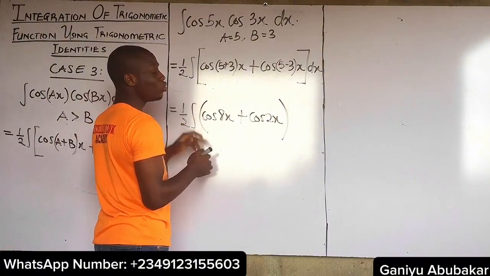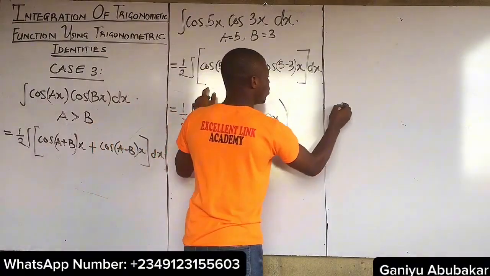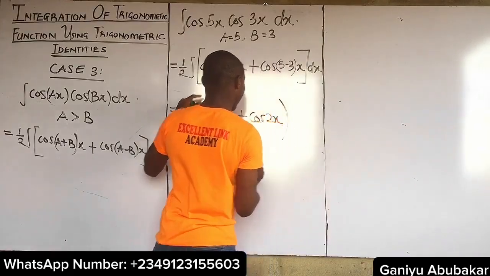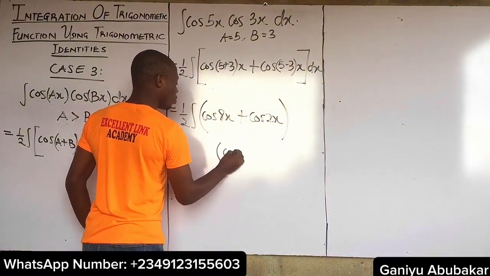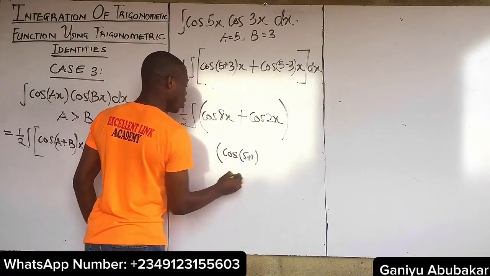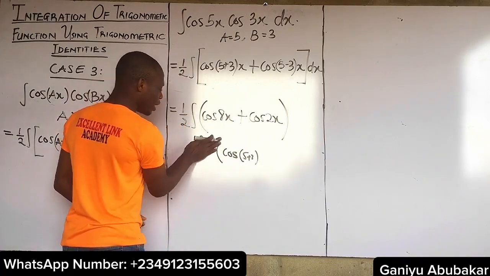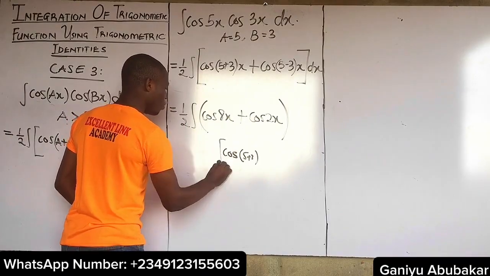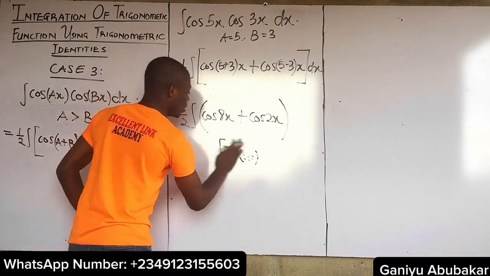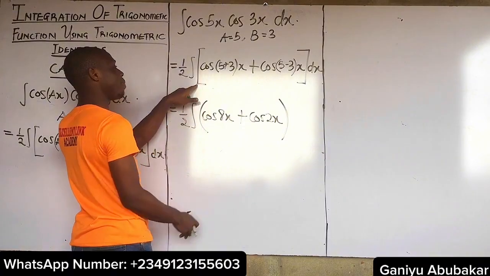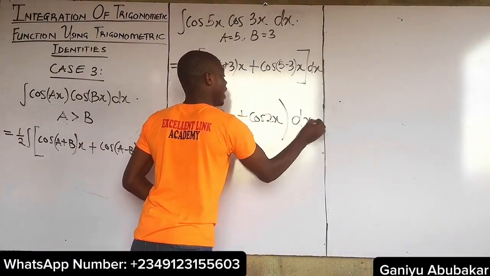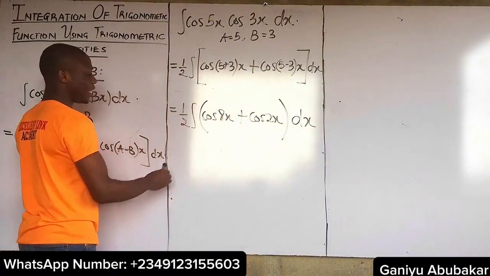Otherwise it looks more confusing, so let's separate this bracket. It must be somehow simplified, so it will make you know what you are doing. So I purposely use square bracket here, then round bracket here. Next up, the dx.